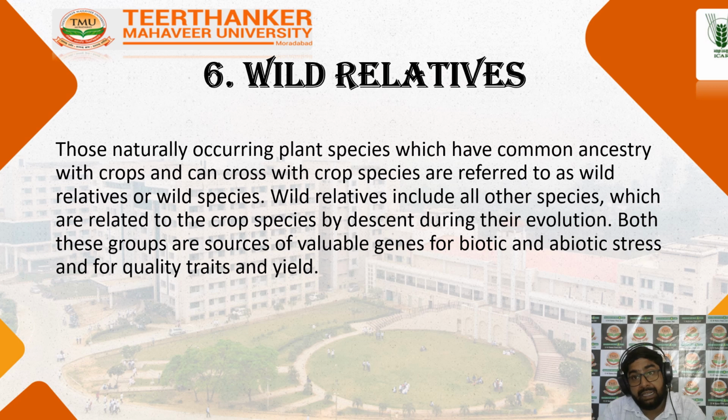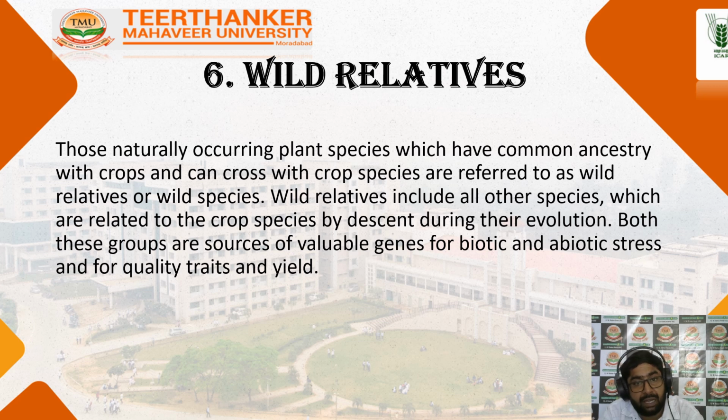Number six, wild relatives. Those naturally occurring plant species which have a common ancestry with the crop and can cross with crop species are referred to as wild relatives. Wild species relatives include all other species which are related to the crop species by descent during their evolution.